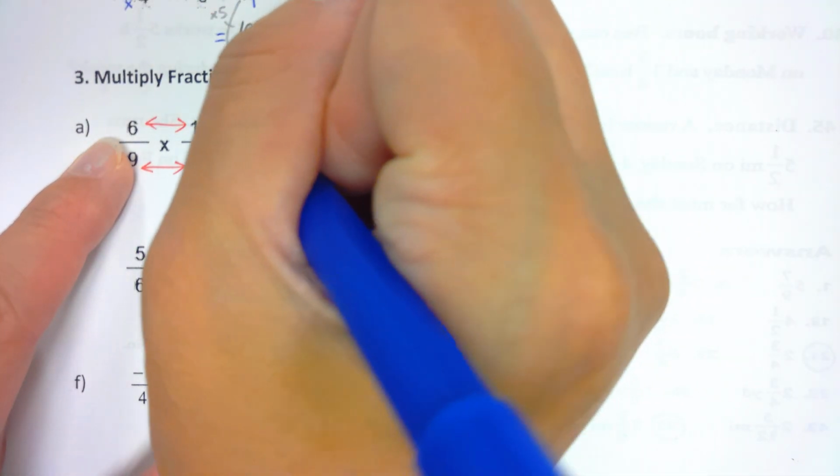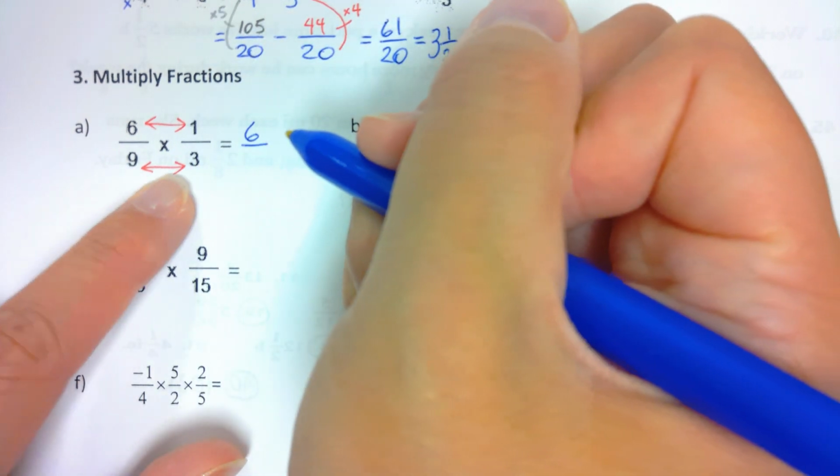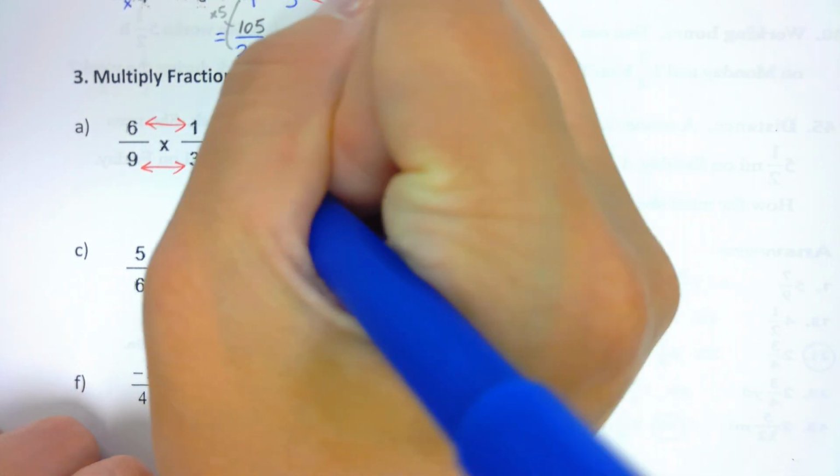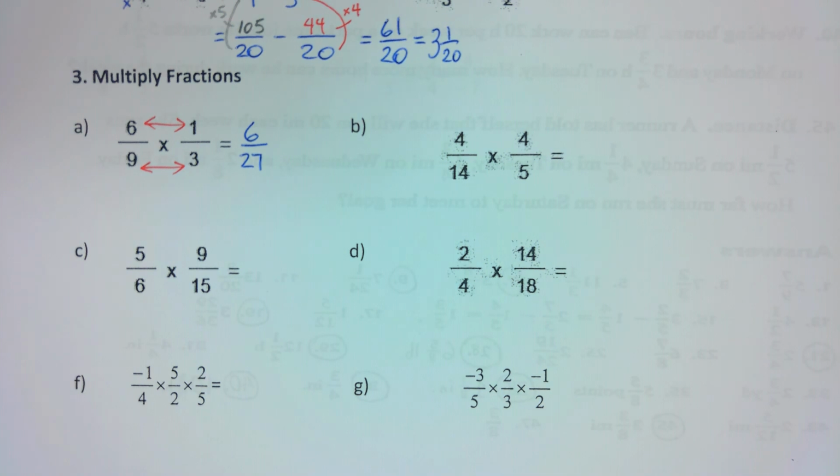So 6 times 1 is 6. 9 times 3 is 27. Is this a good final answer? Okay. So who says, I like my answer, I'm going to get full marks on the test? Who says Miss Ching is going to take off half a mark? See, you guys know me well already.